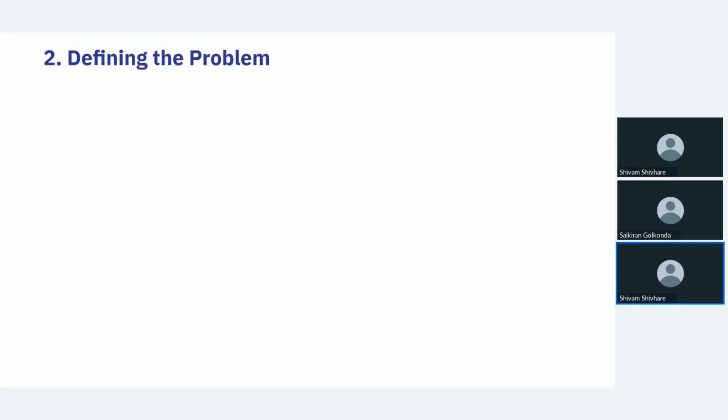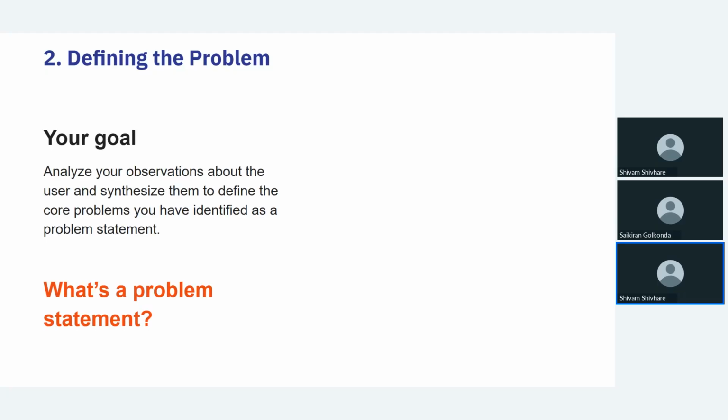So next is defining the problem. As we are discussing the design thinking stages, the first stage of the design thinking phases is done, which is empathize. Next is defining the problem. So analyze.